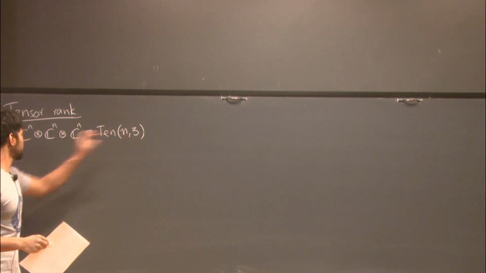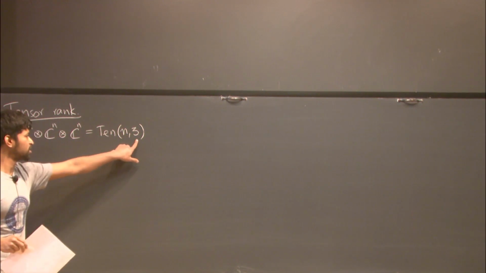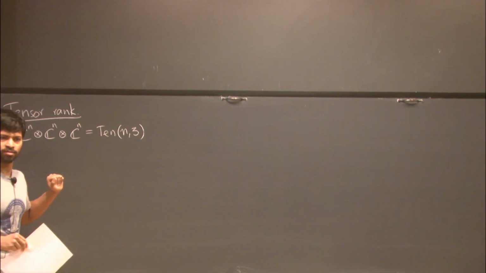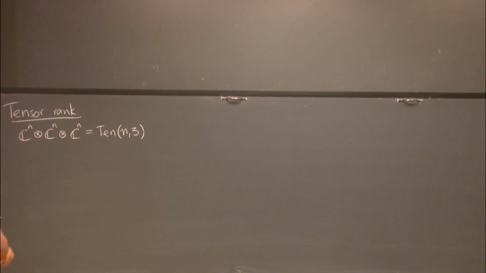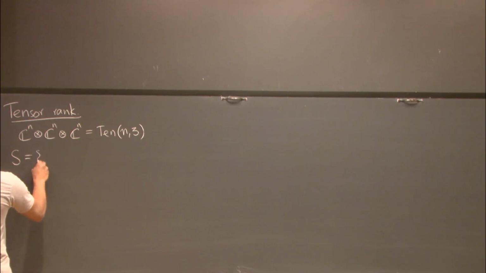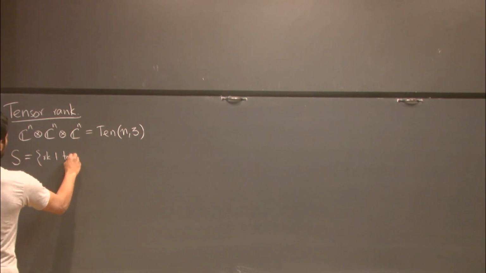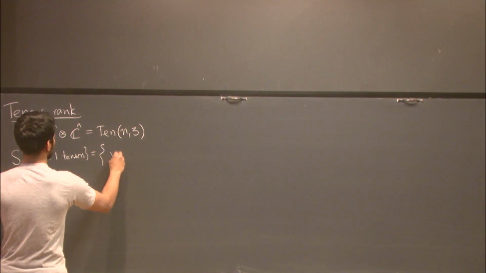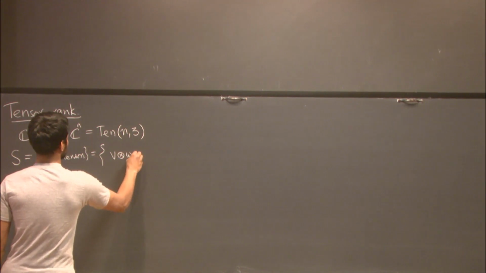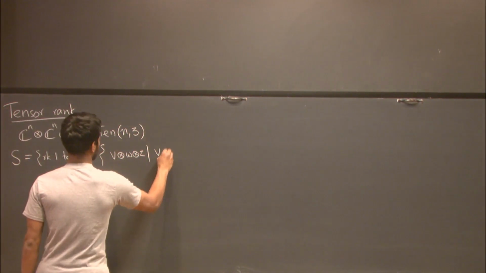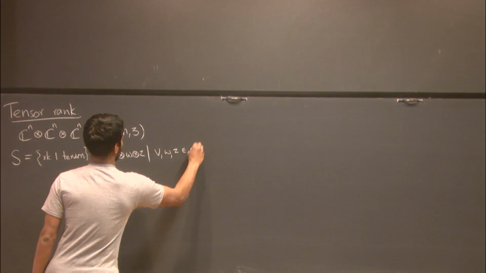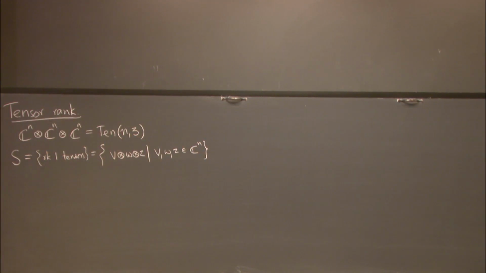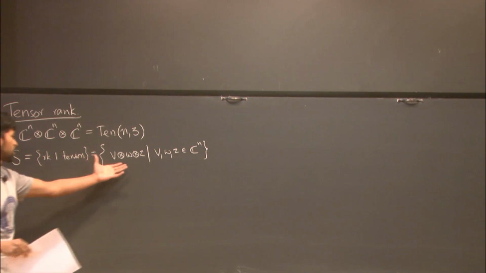The n stands for the local dimension and the 3 for the number of tensor factors. Now inside here I will define the set of simples, which is the set of all rank 1 tensors, which is all tensors that look like v tensor w tensor z. Does that make sense? This is what simple tensors are.